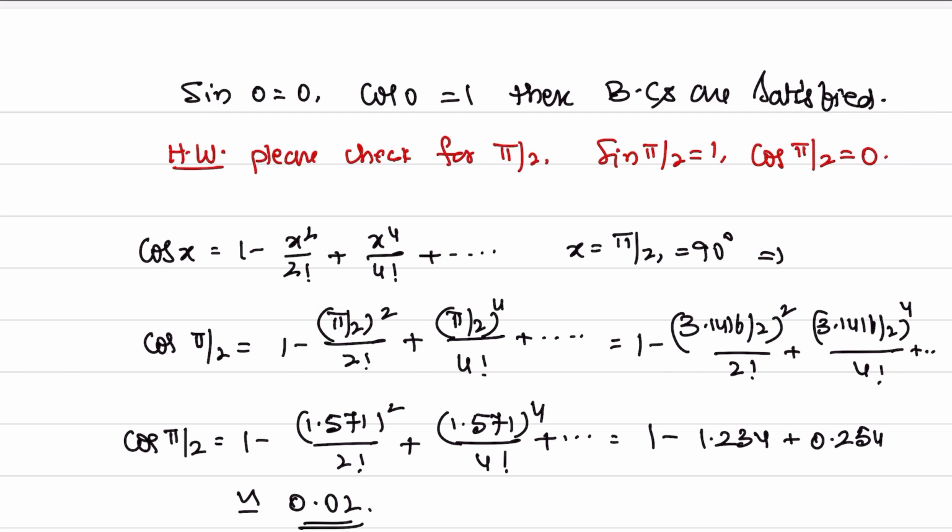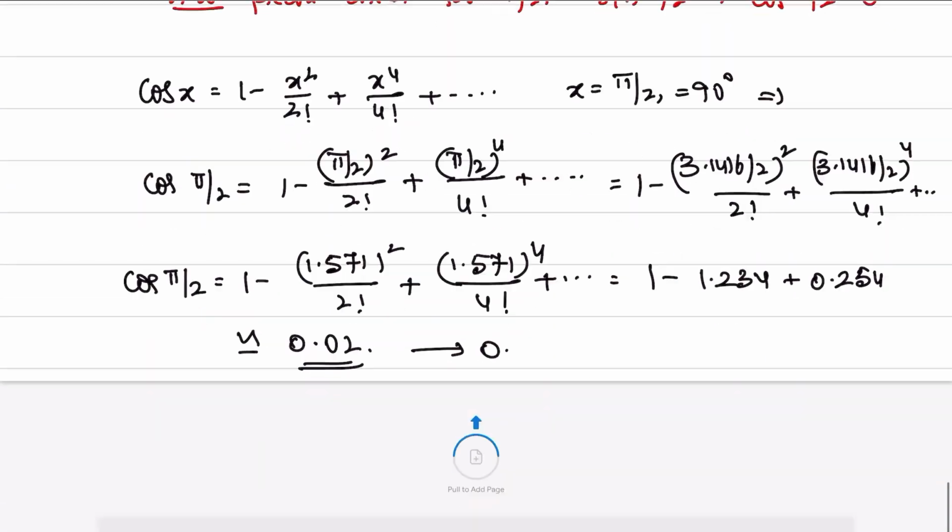That means cos pi by 2 is tending to 0. When you further calculate, the series is validated.